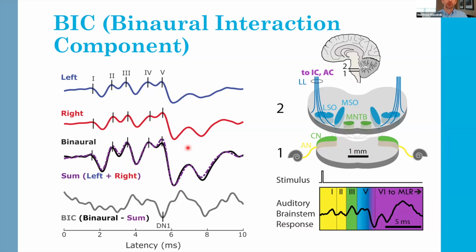But here at the 5th wave, there's some kind of interaction occurring at the lateral superior olive, medial superior olive, that's saying that the way we perceive sound from both ears is different from the way we perceive sound from just one ear. And so that's how we get this BIC, and that's what we're looking at. The BIC also, at this 5th wave, they specifically call it a DN1.